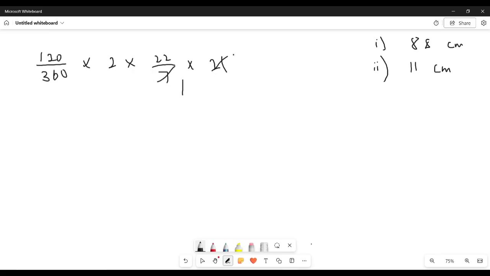So 7 times 3 is 21. And this is obviously 1 by 3. Anywhere else? Yes, you can cut here, 1, and here it's 1. So we already made what? 44 centimeter. So part 3 answer is 44 centimeter.